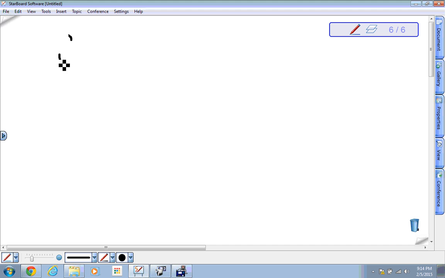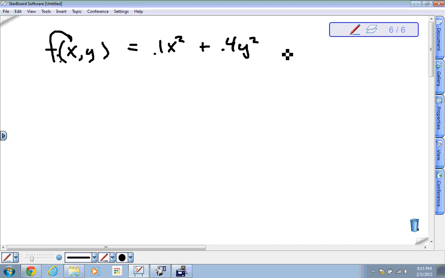Now, let's do the one that I did for the contour plot example, if you've already watched it. I used 0.1x squared plus 0.4y squared plus xy.